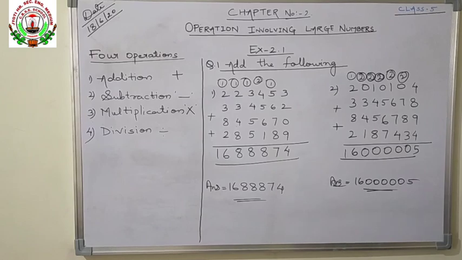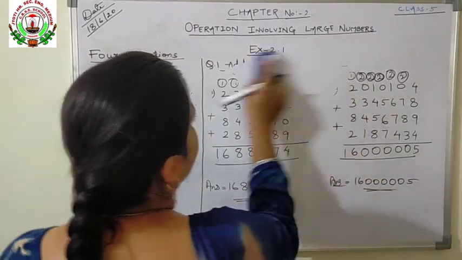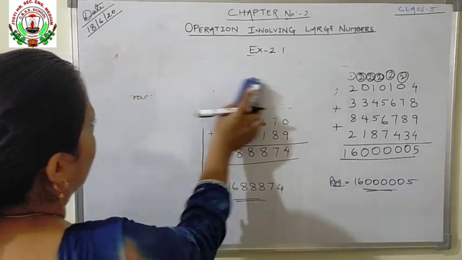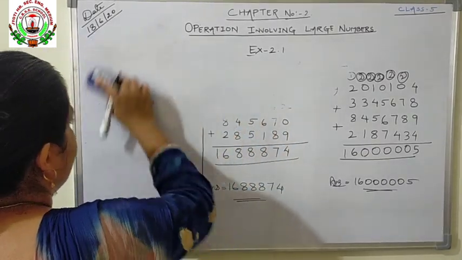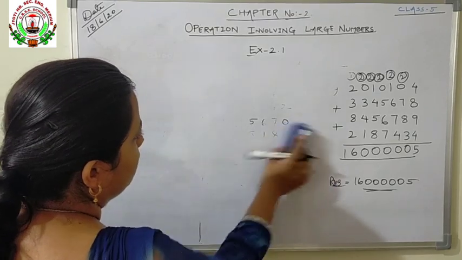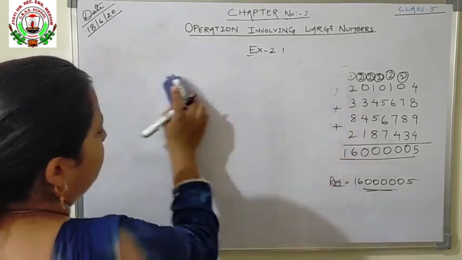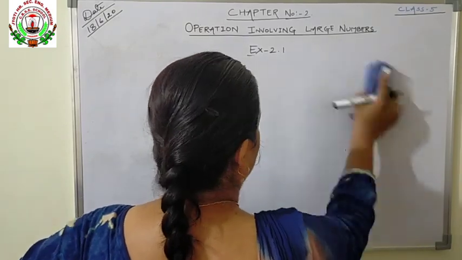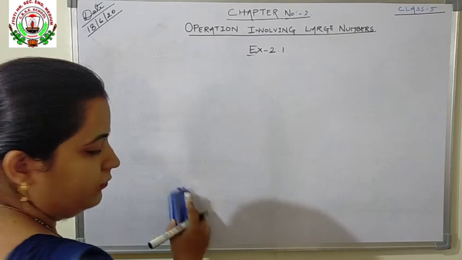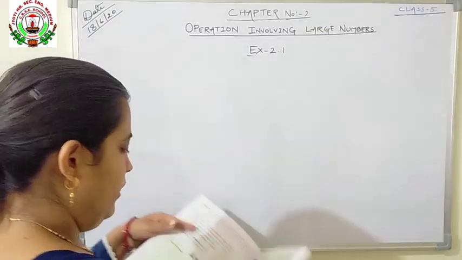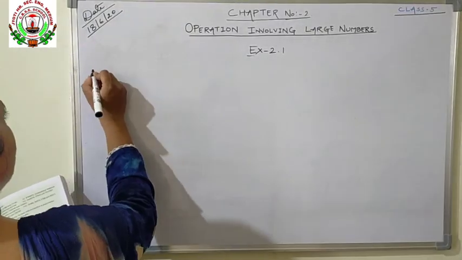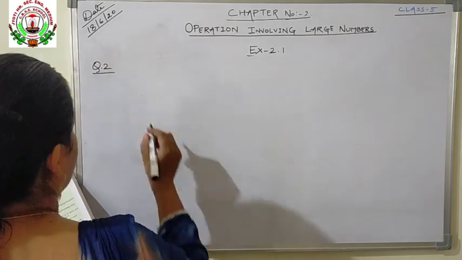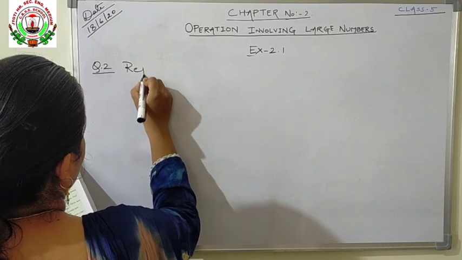Now moving on to question number 2. Now let's see what is our question number 2. Question number 2 is replace each star with the correct digit.